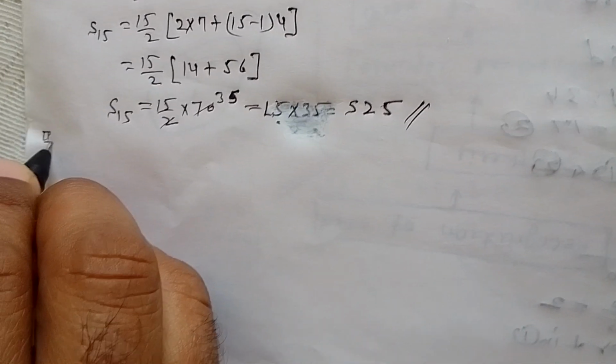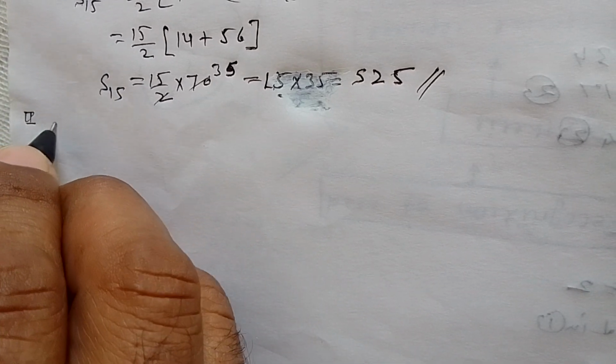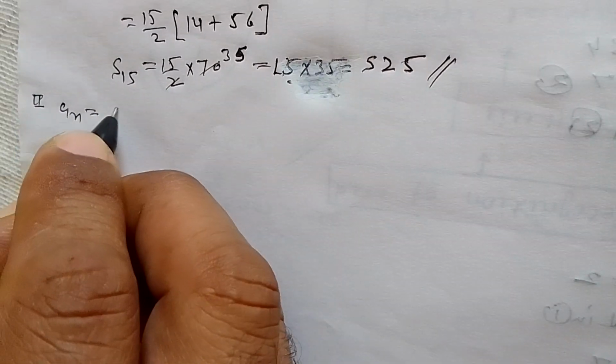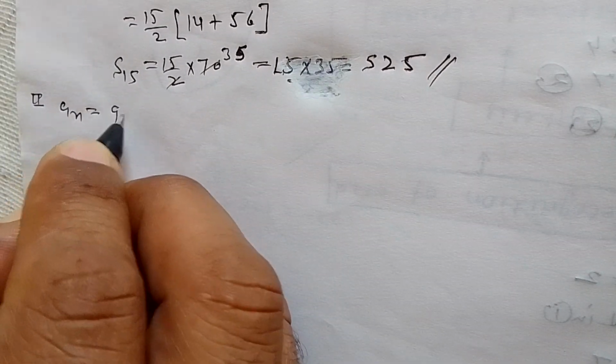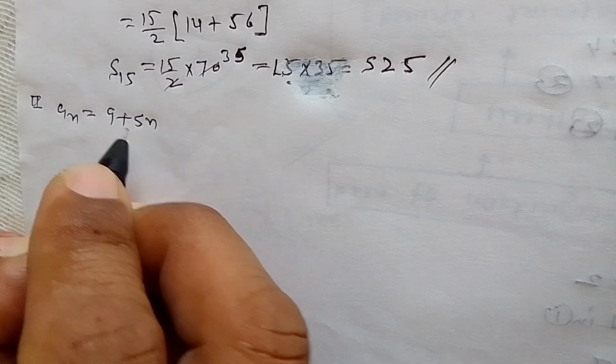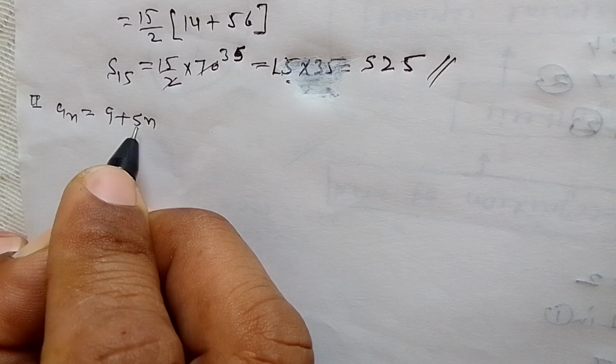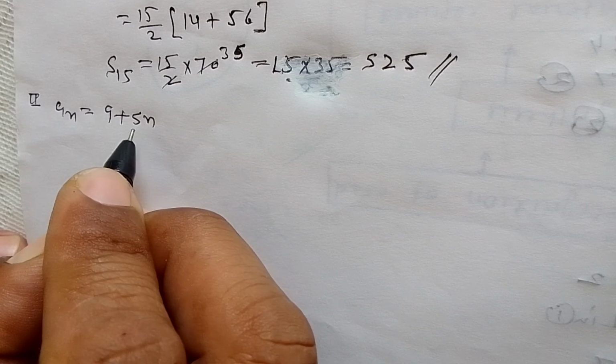Now the second part of this question is an equals 9 plus 5n. We have to find whether this is an AP or not.